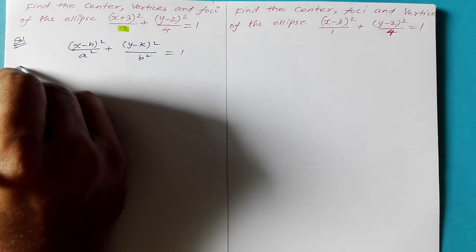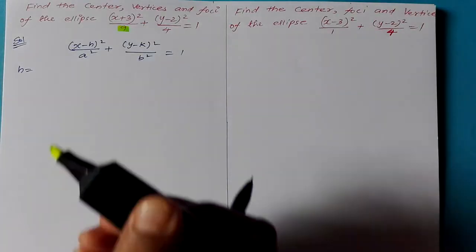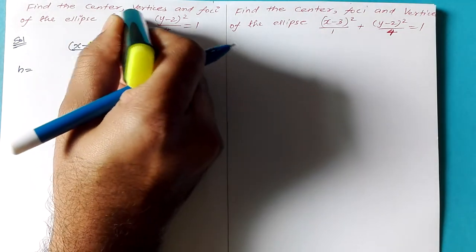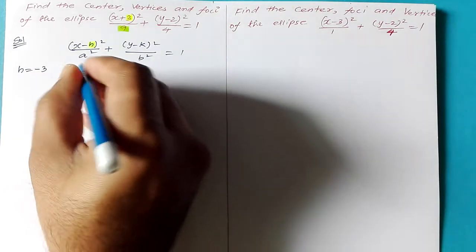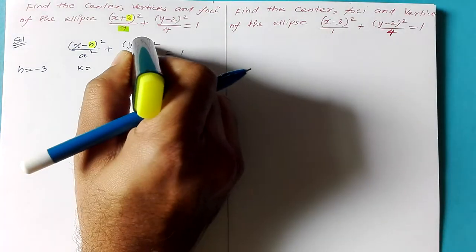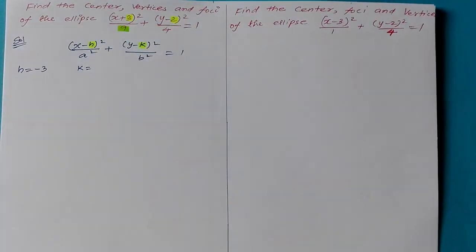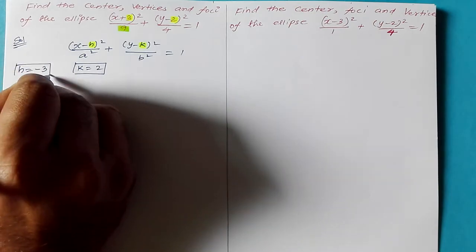Now what is your h? The h value is the opposite sign. H is equal to minus 3. You have to write minus 3. And the k value, minus minus is the same, so I write here k is equal to 2. So this is h, this is k.